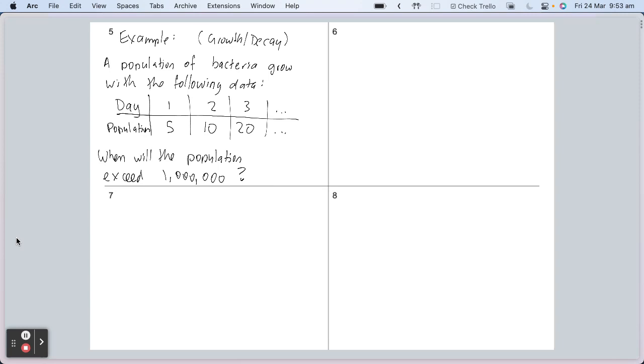So what are our variables? Number of days and population size. Yes, they're the two things that are changing. So when it says when will the population exceed 1 million, what am I looking for in terms of those variables?